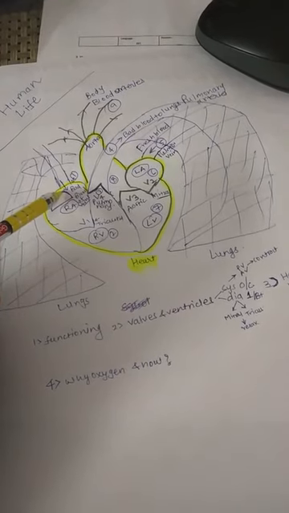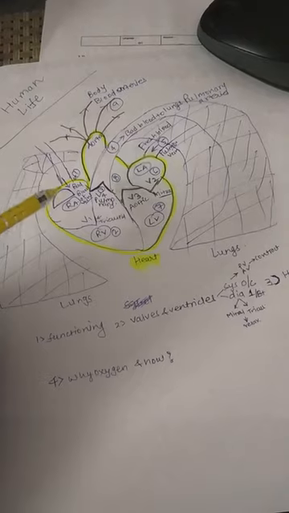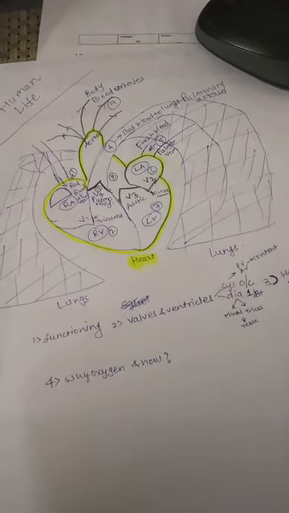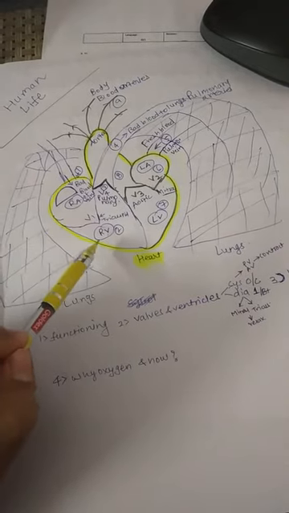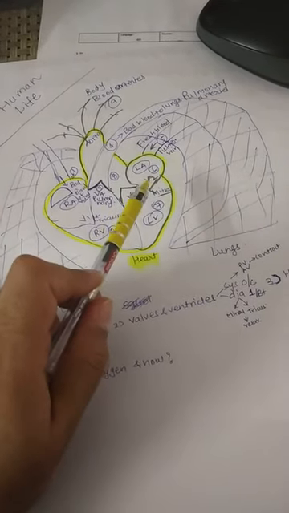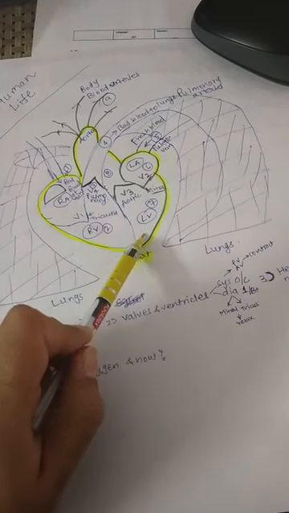Before going to the further discussion, we'll make sure that the heart is divided into four major parts. On the right side, right atrium, right ventricle. On the left side, left atrium and left ventricle.